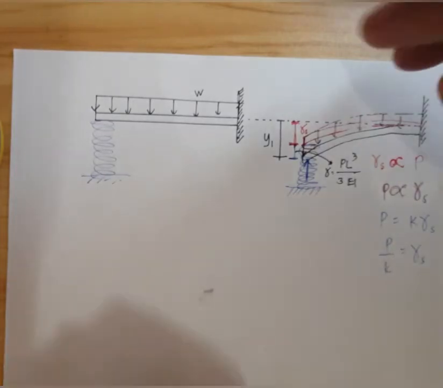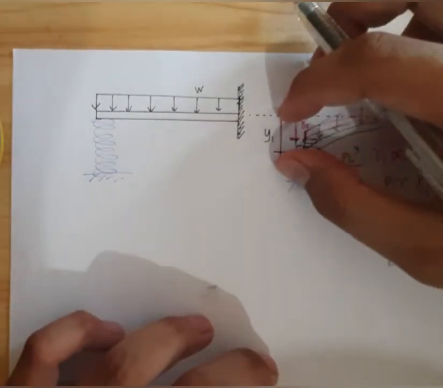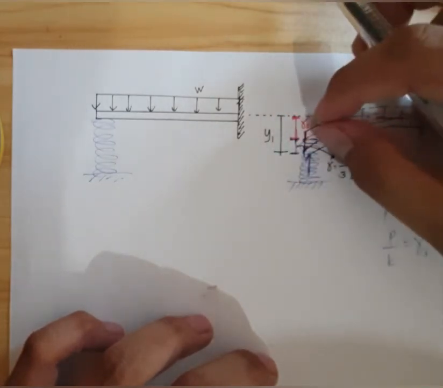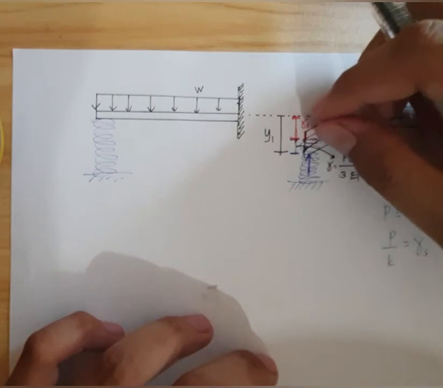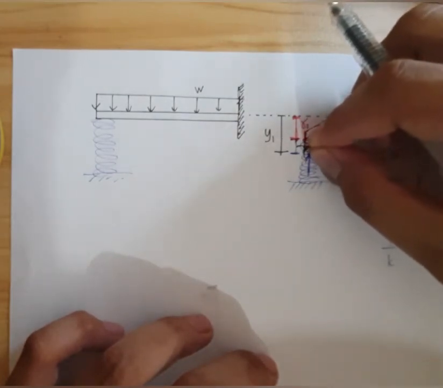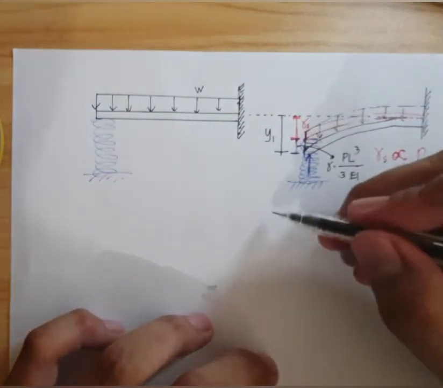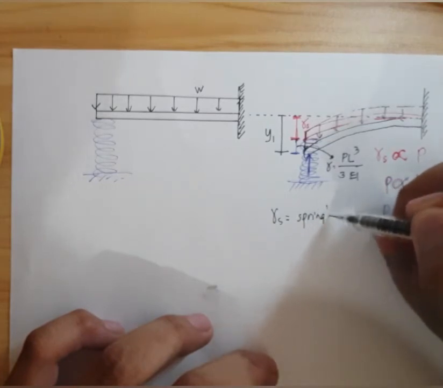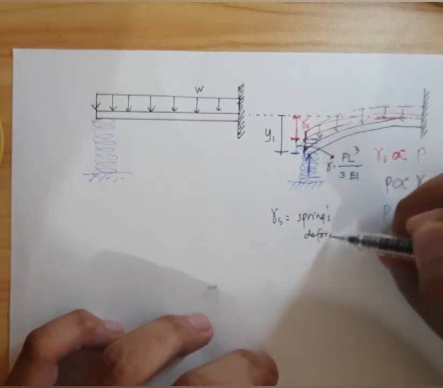So here, we can equate: y sub 1 is equal to the deformation of the spring plus the resistance offered by the spring. Again, gamma S is the spring's deformation.